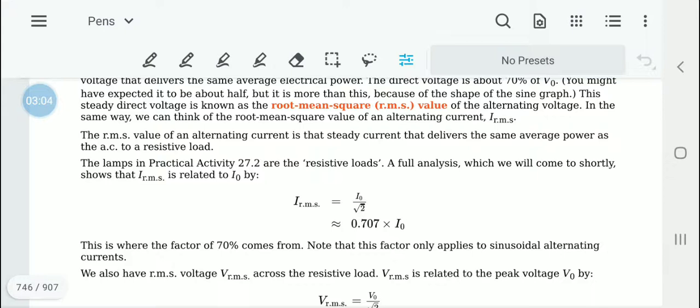Then in the same way we can figure out the root mean square value of the alternating current as well.